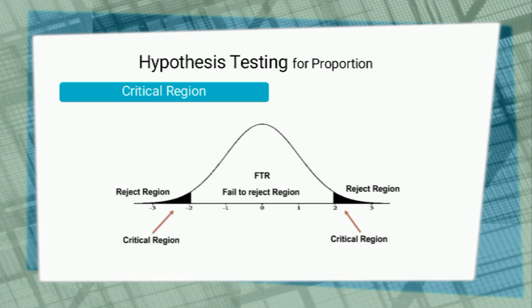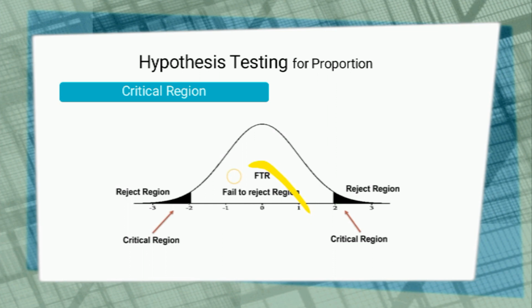So, ayan yung probability distribution natin. Ayan, nakita yung may shade na yan. Ayan yung critical region or yung rejection region. Kapag nag-lay dyan yung masosolve natin, ibig sabihin, kailangan nating i-reject yung claim.